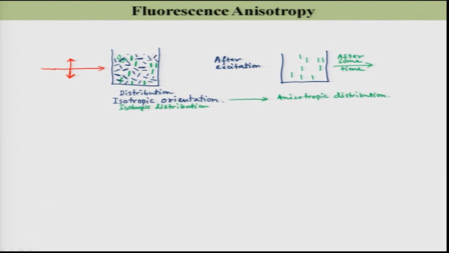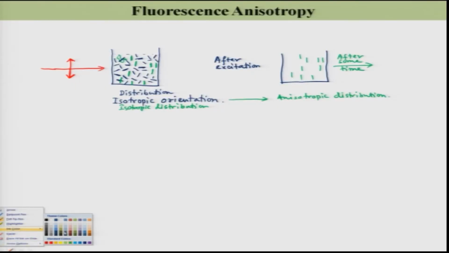After some time these molecules will reorient, because obviously there is no force to keep the molecules like that. So, they will constantly undergo reorientation. After the molecules reorient themselves, the situation will again be isotropic.